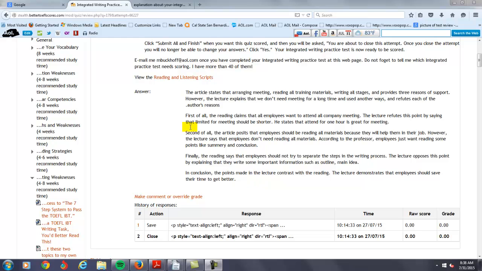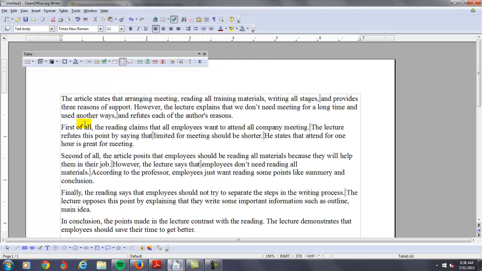Alright, so what I'm going to do now is, this is where you posted it at my website, and I'm actually going to work with it a little bit. So here, you have the introduction. The article states that arranging meetings, I would make this plural, reading all training materials, writing all stages, and then, why does the writer say all this information?